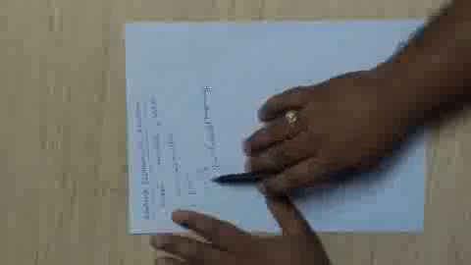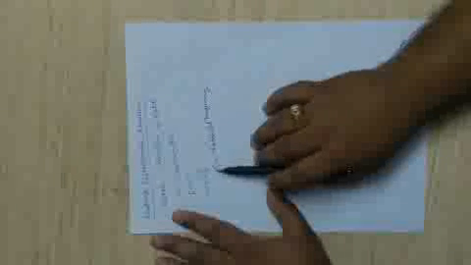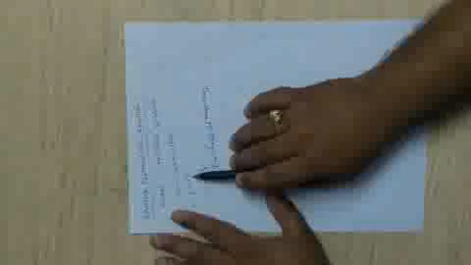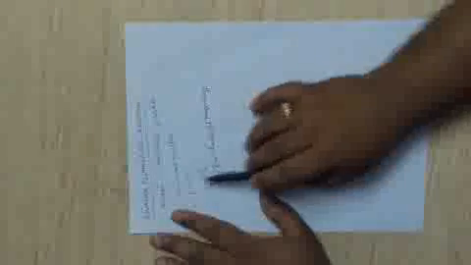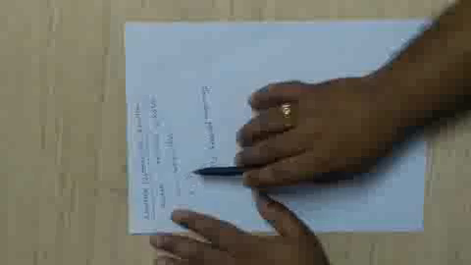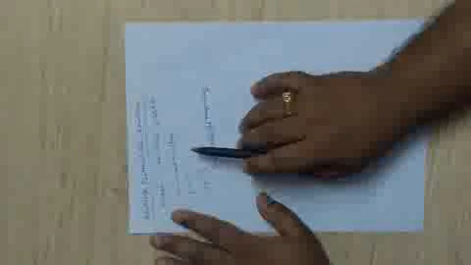And when a photon has more energy, that is when nu is greater than nu naught, then this extra energy will provide some kinetic energy to the electron.